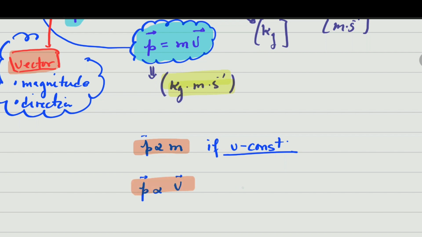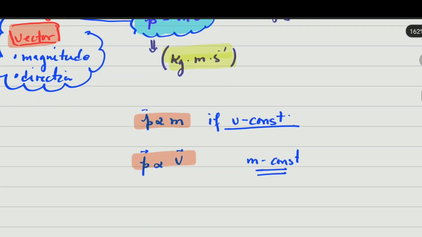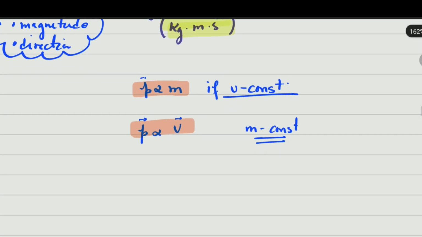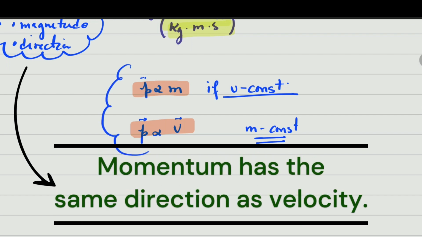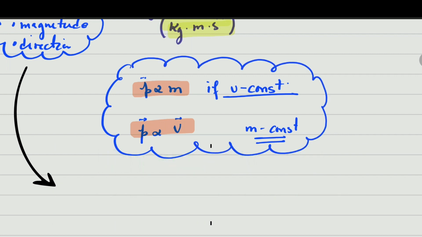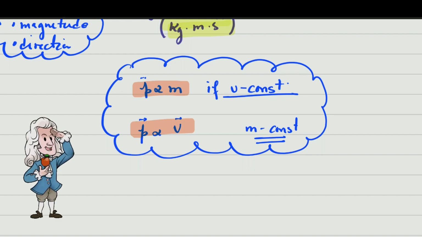If the objects have the same mass, constant, I mean the same, we're talking about two objects that have the same mass, the one that moves faster or with a greater velocity will have a greater momentum. This is also very important, but it is obvious and quite easy because it comes from the formula.